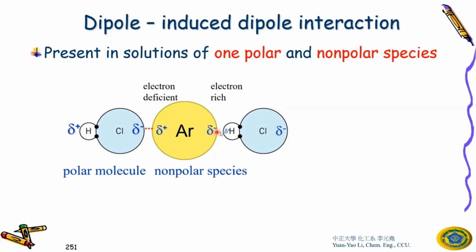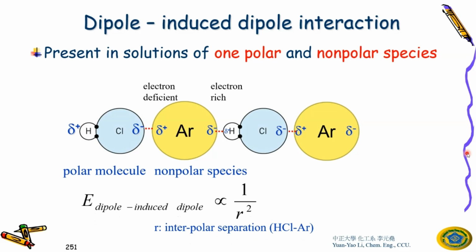Again there is bonding energy, an attraction between them, and this is how we form the bond. Another argon comes here, and you have a positive charge region and a negative charge region, and again bonding energy between both species.